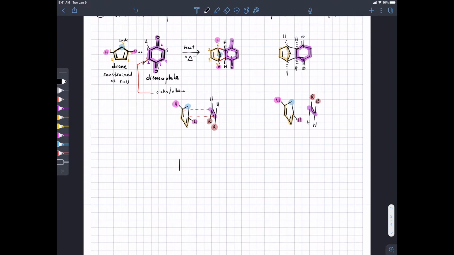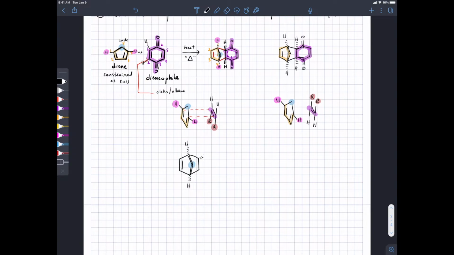And then just to demonstrate, I'm going to redraw the products down here. And I want you to pay attention to the stereochemical relationship between the blue group, the one that used to be inward on the diene, and then the red groups, the ones which are cis on the olefin.